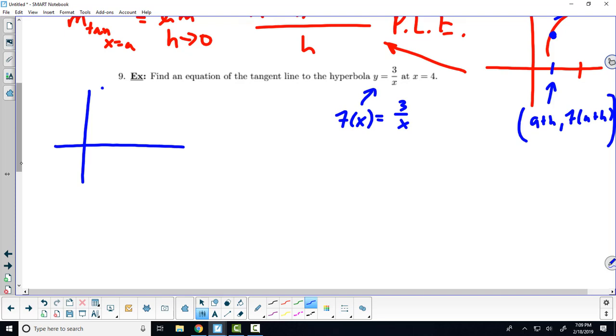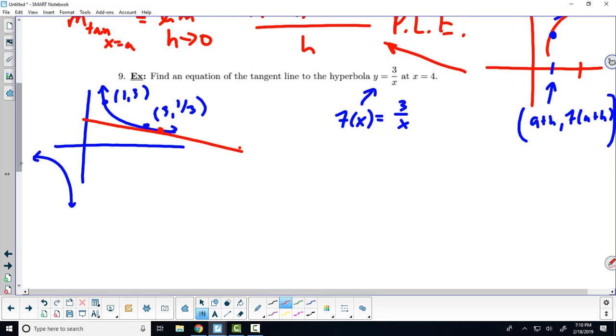So let's look at the graph of this hyperbola. The graph of this hyperbola looks something like this. It should pass through the ordered pairs 1, 3 and the ordered pair 3, 1/3. And what are we trying to do? Well, we're trying to find an equation for the tangent line right here at x equals 4.